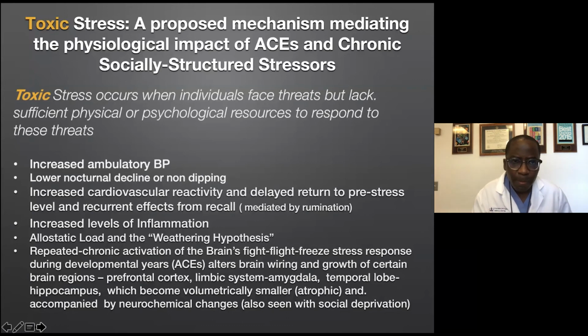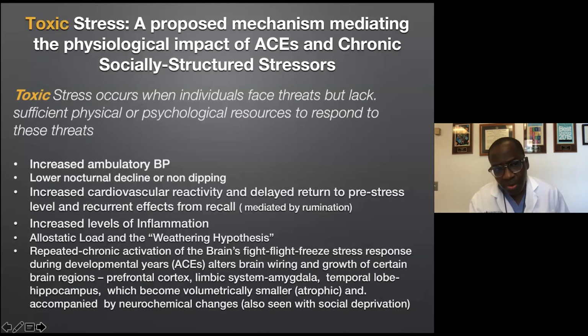However, toxic stress can occur when these stresses are so repetitive, so voluminous, so chronic, as experienced by individuals who lack sufficient physical or psychological resources to cope with them. It then becomes toxic stress.